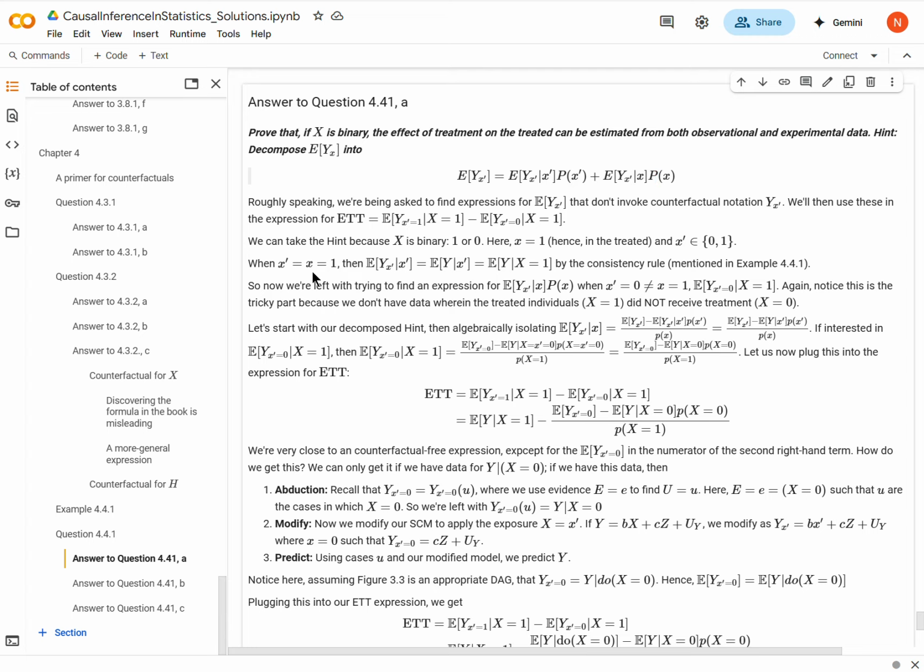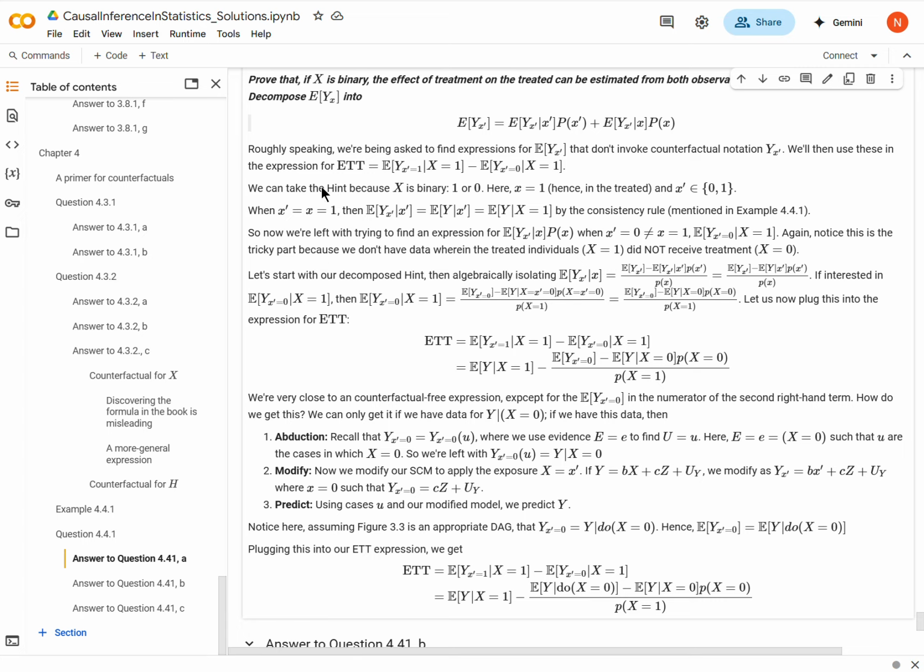All right, so now when X prime is 1, then we get that the counterfactual value is the expected value of Y when X equals 1. Okay, so we get from here to here by the consistency rule.